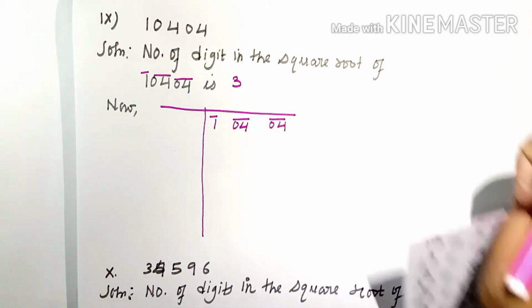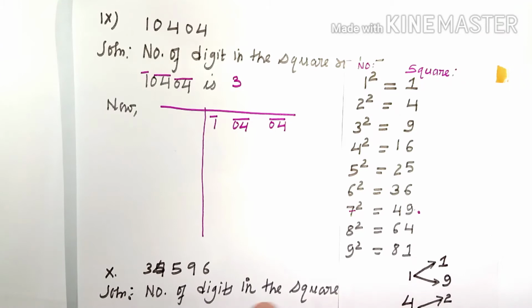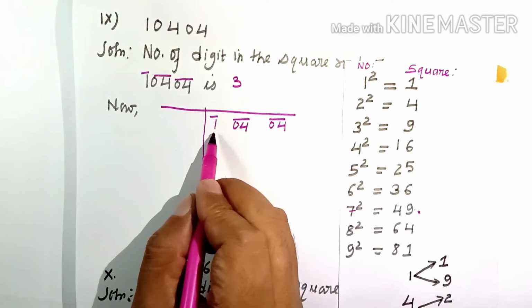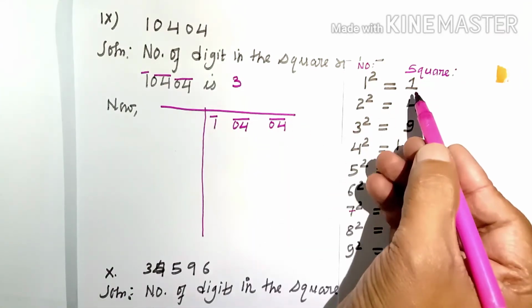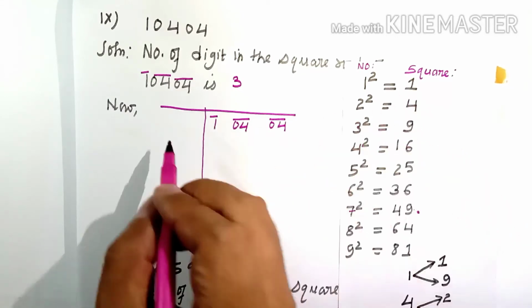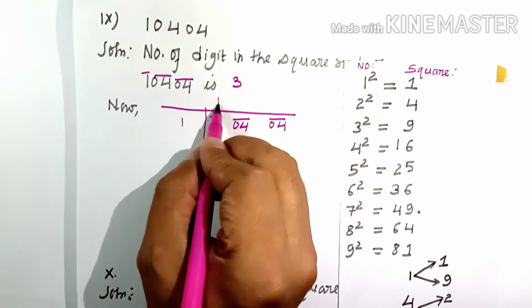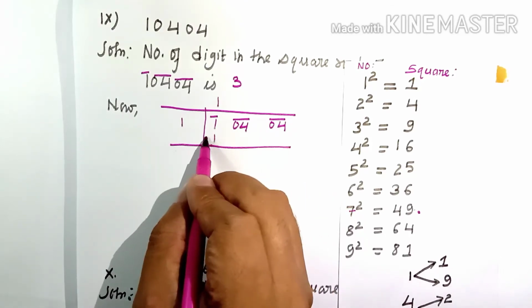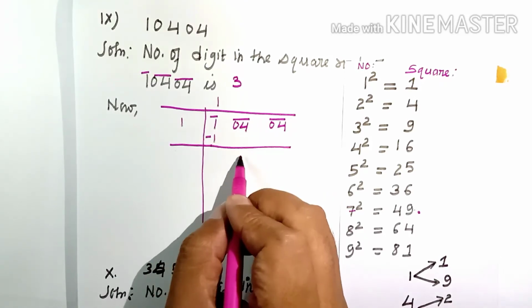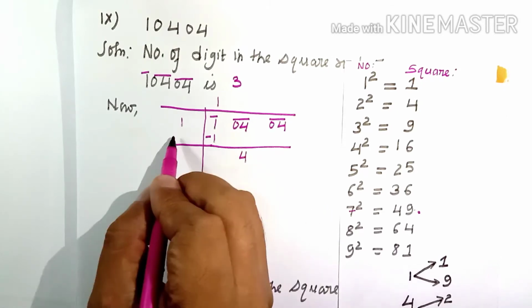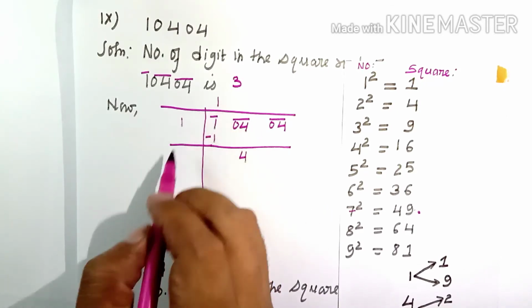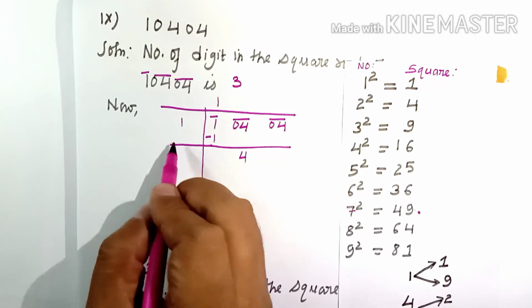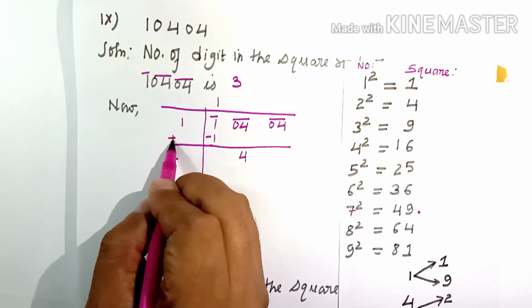So like I said before, here one must take the largest square less than or equal to 1. So here it is a perfect square of 1. So here 1 square 1. Now you'll have to subtract 1 minus 1, 0. So you can drop down 4. So here what we used to do, 1 plus 1, which is equal to 2, or you can add plus 1 also.